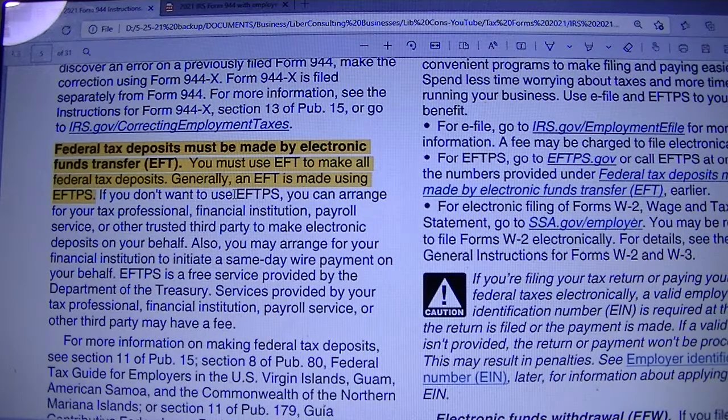But yes, I don't know how long it takes to set up an EFTPS account. I set up one years ago that I don't use since I just pay in the mail. But yes, to make a deposit, you have to set up the account with them, and you'll be able to make deposits via EFT.